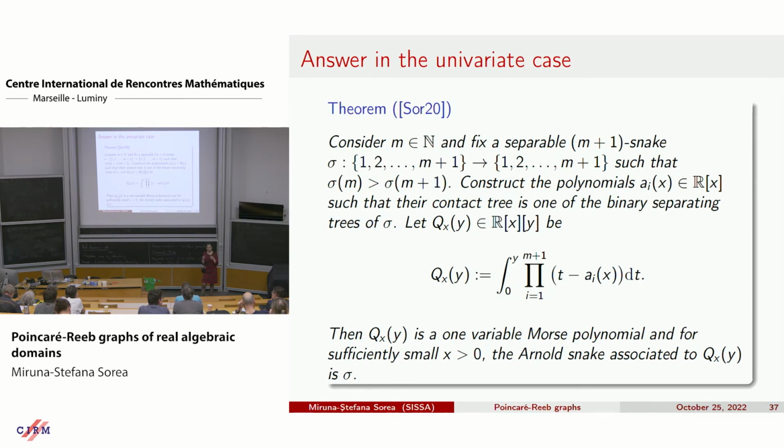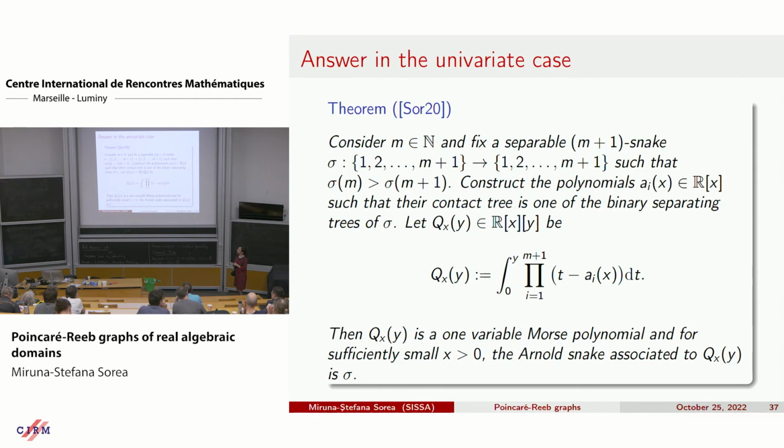So its shape is the one given by the permutation sigma we started with. So starting with this permutation, take this recipe, take this polynomial. If you plug in x small enough, you will get a univariate polynomial that has the desired shape.